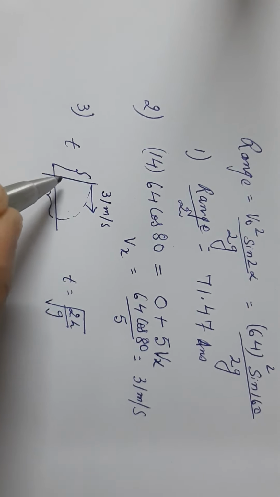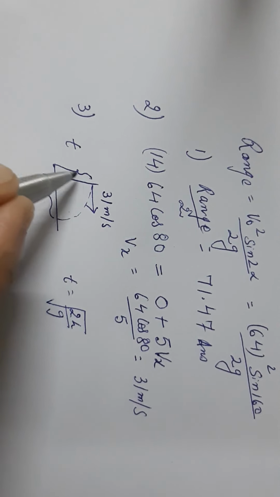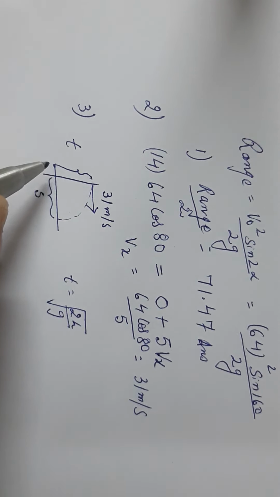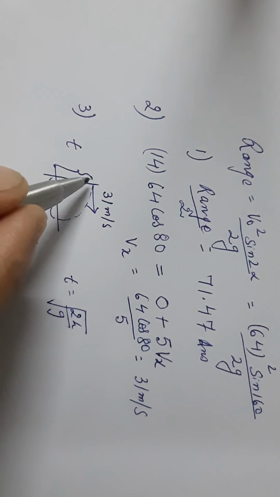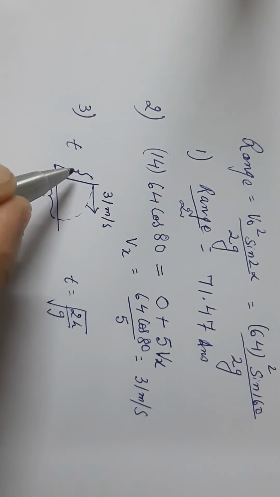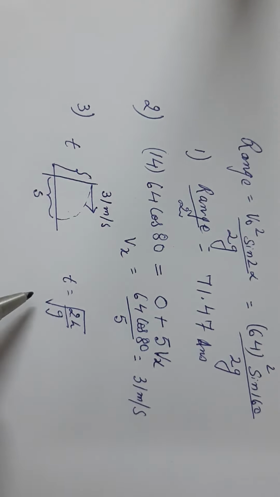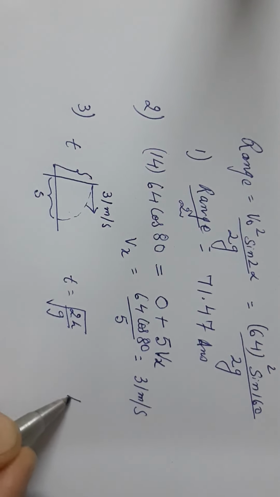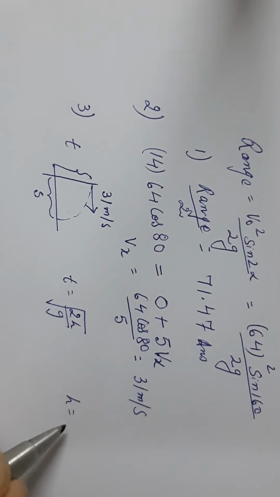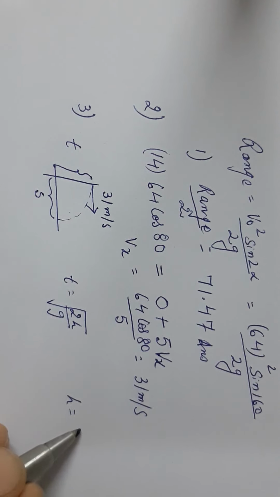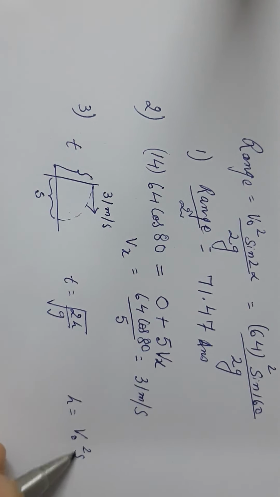How do we know this height? This is the maximum height of the particle which was projected with a speed of 64 meter per second at an angle of 80 degrees. The maximum height equation is v naught square sine square alpha by 2g.